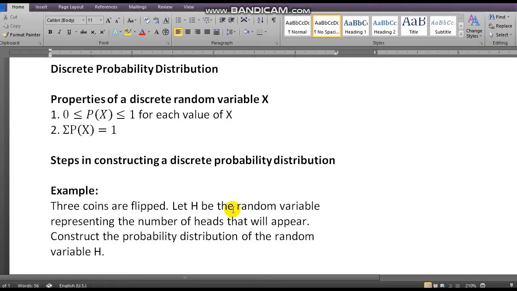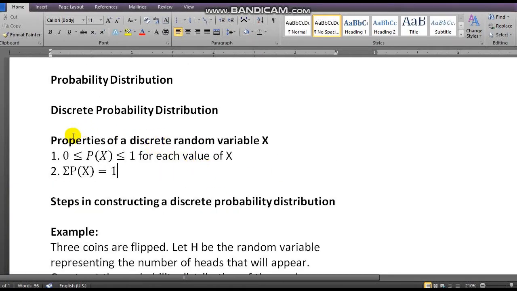Now, before we construct a probability distribution, let's take a look first at the properties of a discrete random variable x. First of all, the probability P of x. Take note how we're going to represent the probability of a discrete random variable x as P of x. The probability of x is between 0 and 1 only.